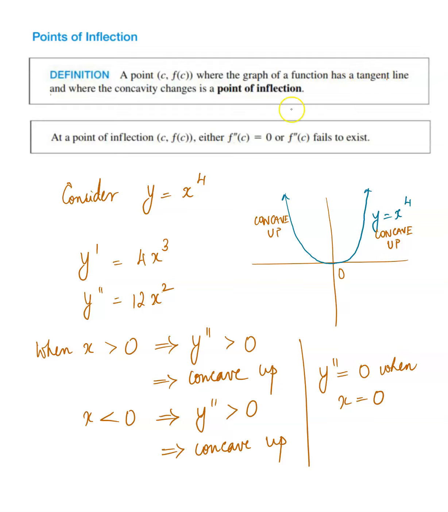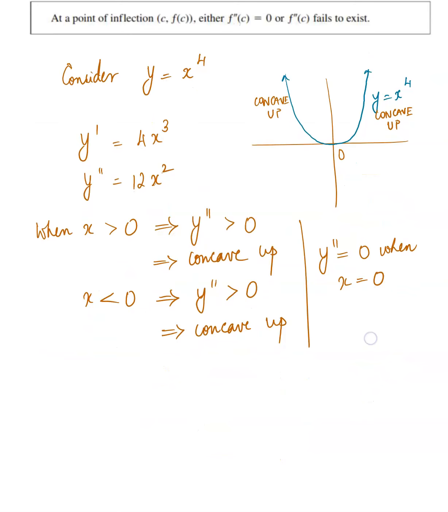The tangent line information is this: f double prime is 0 or it fails to exist. Now that part is happening, but the concavity did not change. That is the reason why there will be no point of inflection. So let me clarify that here. Y double prime is equal to 0 at x equals 0, but the concavity does not change because it's concave up throughout.